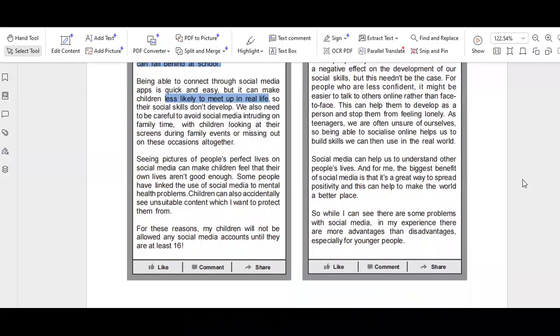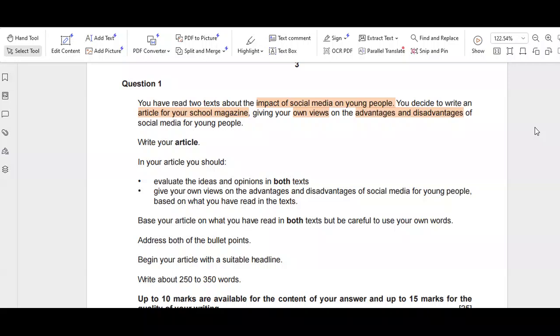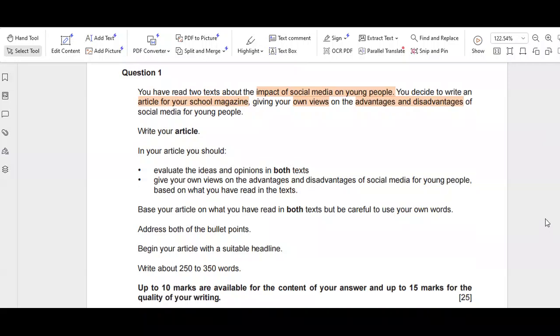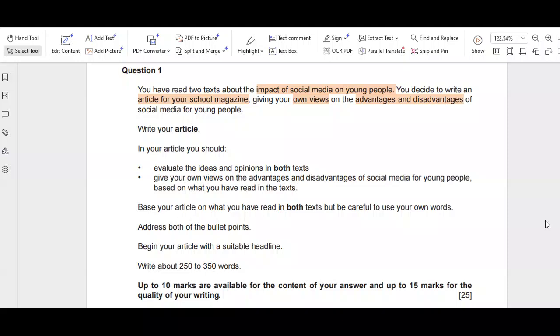So as we are supposed to write an article, before proceeding to write an article, it is very crucial to understand what article writing is. Articles are written to share information, present viewpoints, or persuade readers about a certain topic.